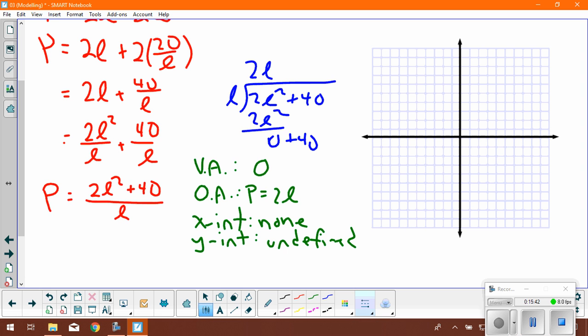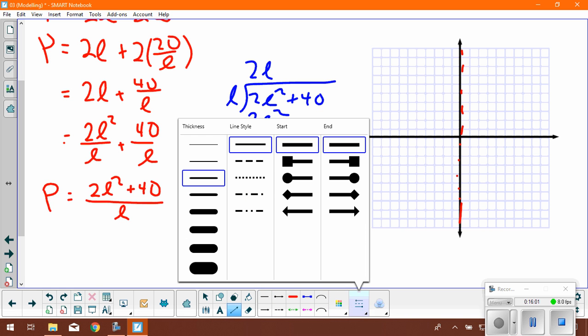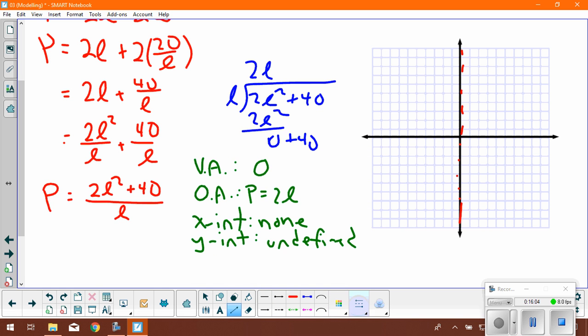So vertical asymptote is at 0. So once again, the axis is the vertical asymptote. My oblique is 2L. So that would be a line with a slope of 2. So let's see what we can do here. That looks something like this.